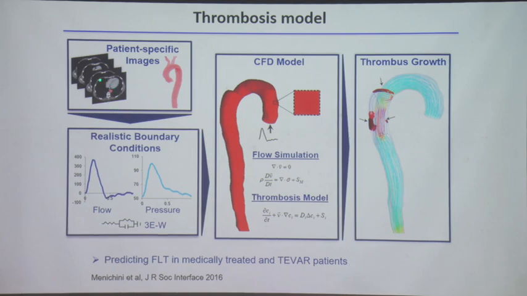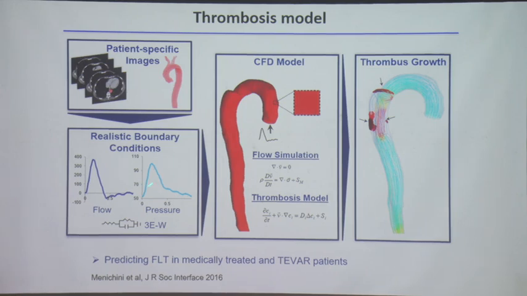You have multiple slices, usually a fairly large number, to cover the entire aorta. For each of these, we perform image processing to segment the vessel lumen, one at a time, and then you can stack these together along the vessel axis, and that will give you a three-dimensional reconstruction.